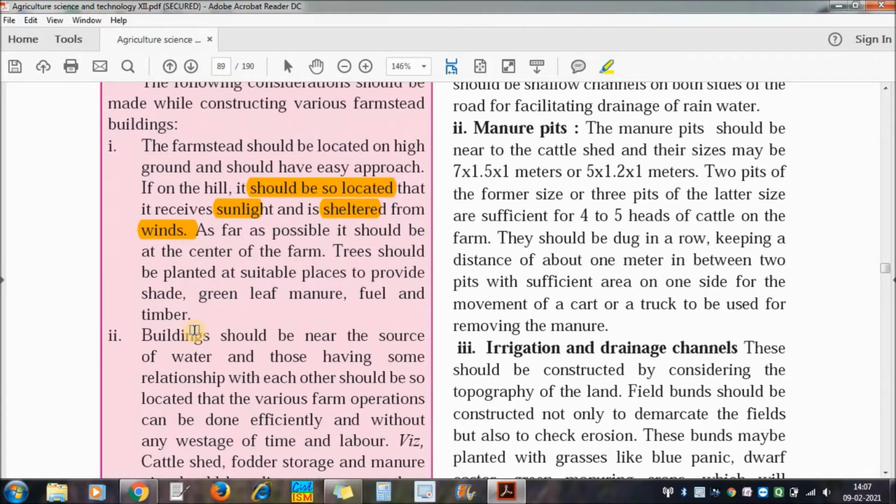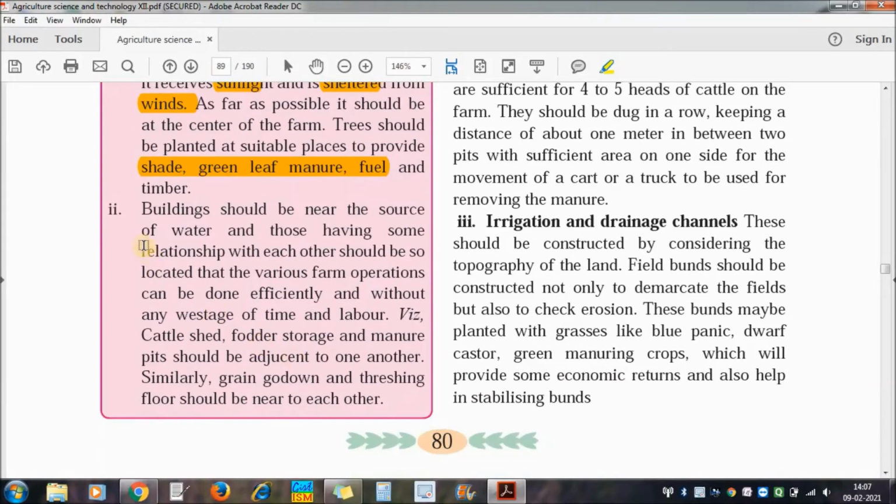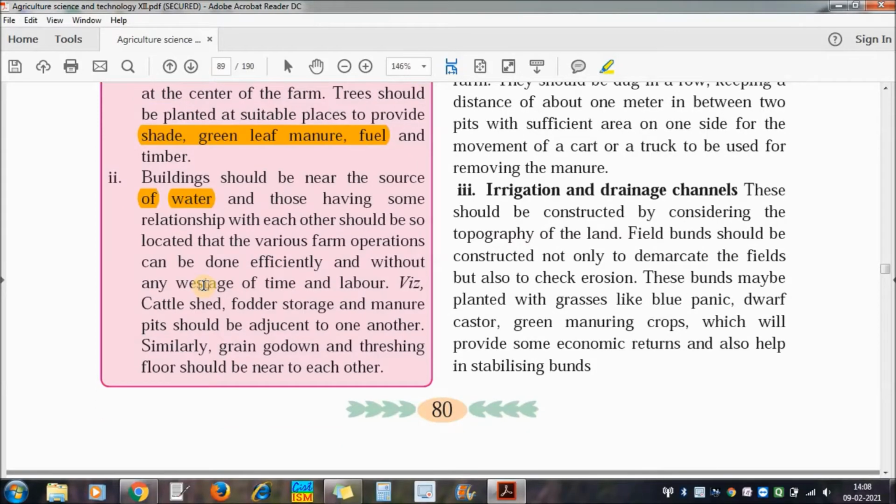The building should be in the center of the farm to have access to the different plots. Then we also have to arrange that we can get green leaf manure and other materials to the farm. Buildings should be near the source of water, so the farmer and the laborer need not go long distances to fetch water. So the buildings should be adjoining to each other.